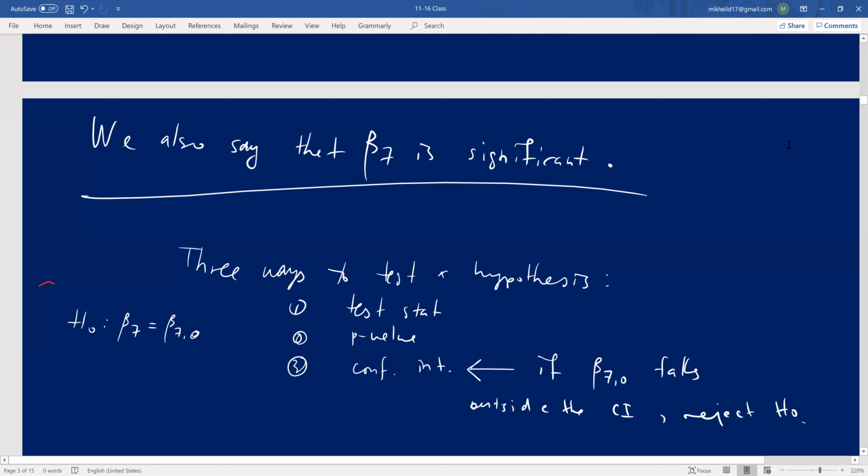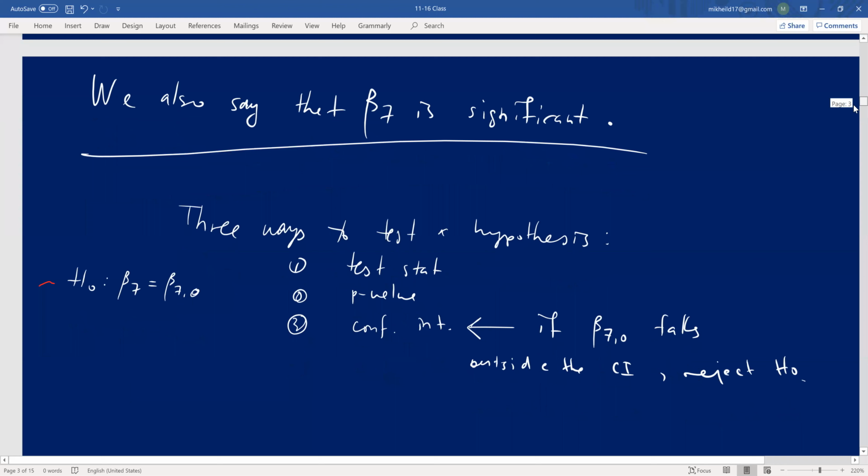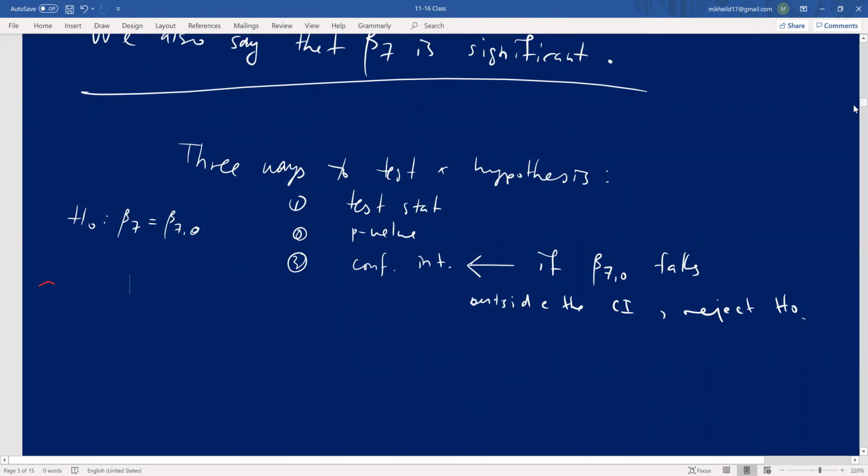Can you give me the expression for the 99% confidence interval for beta 7? Beta 7 hat plus or minus, I think it's 2.58, times the standard error.